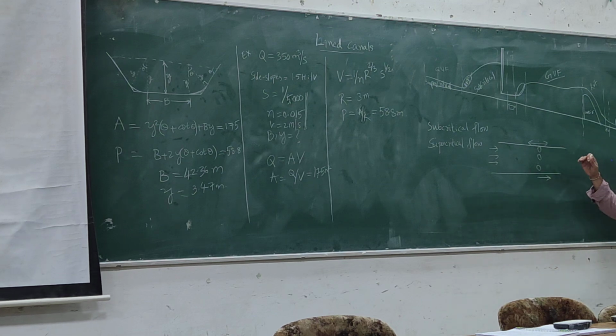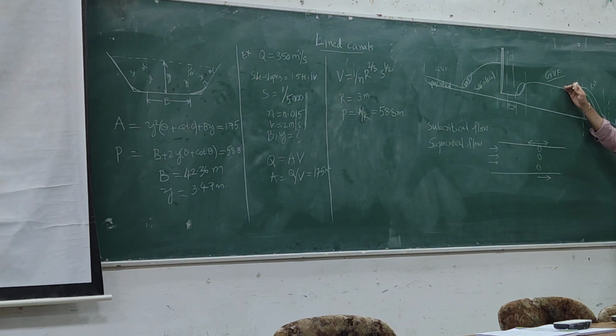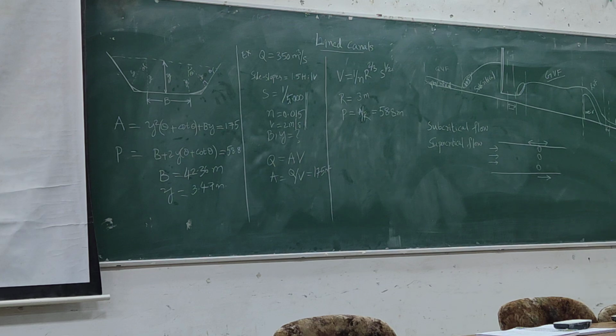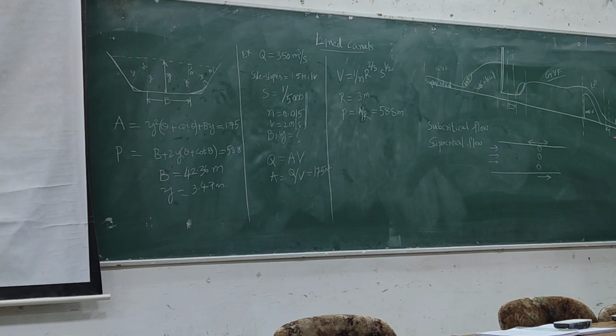Now based on this, what are our control points? If I want to calculate what this profile is, and this is our subcritical profile, what is my control point? And what is a control point? A control point is where we have the flow information, and based on this control point, we are going to calculate what the profile is going to look like, how long the profile is going to change. Now for a subcritical flow, is the control point going to be on the downstream end or the upstream end?